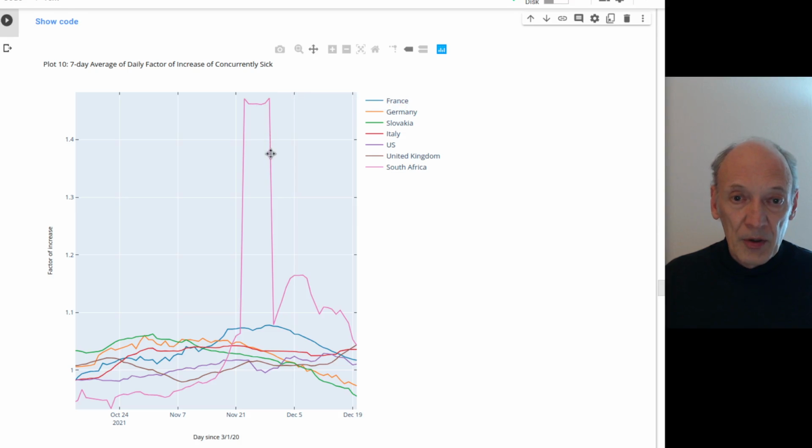And you can see in the meantime, South Africa managed to bring this factor down considerably, significantly. And at the same time, you can see that Germany had a much lower factor here, the factor of increase, with its Delta variant. So this difference shows you how much more infectious the Omicron variant is.